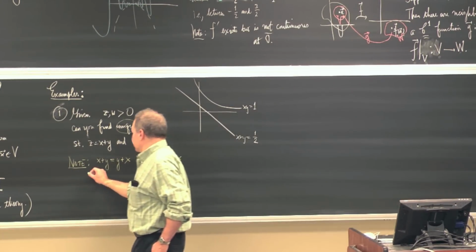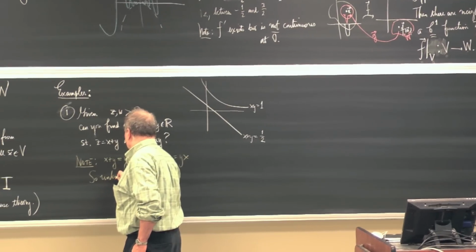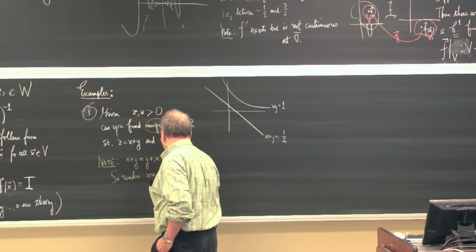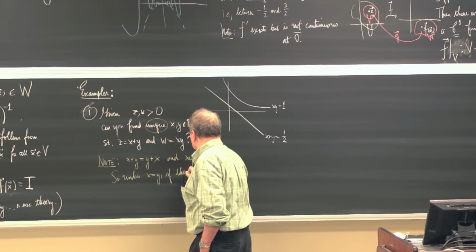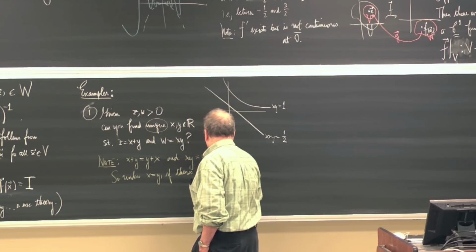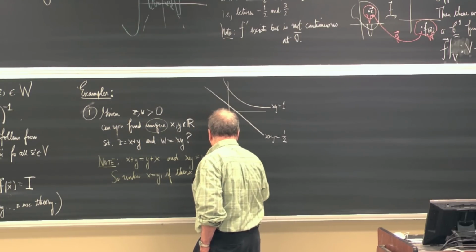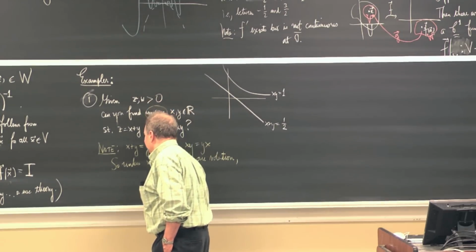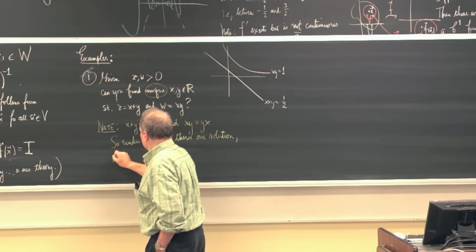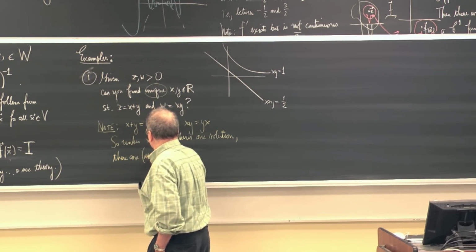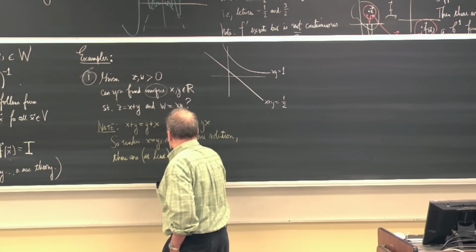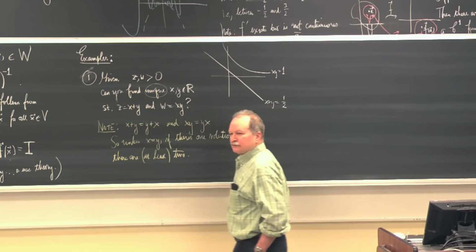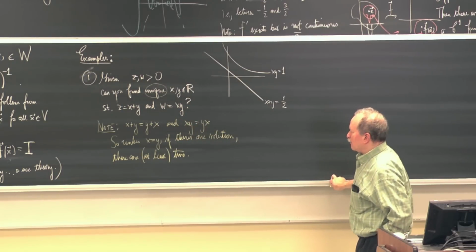So unless x equals y, if there's one solution, there must be two. So you certainly are unlikely to have a unique one.